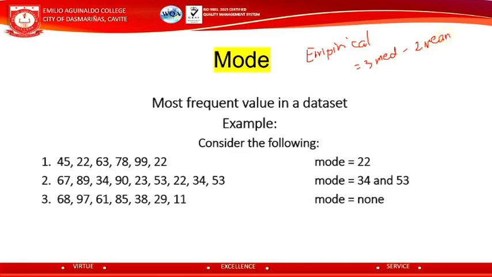In order for us to obtain the mode, we can use the empirical formula. But this is just an approximation of the value of the mode. So if it is not being asked in the problem, we must not use the empirical formula. Kapag sinabi lang sa problem, nagagamit tayo ng empirical formula. But if it is not stated in the problem, do not use the empirical formula.